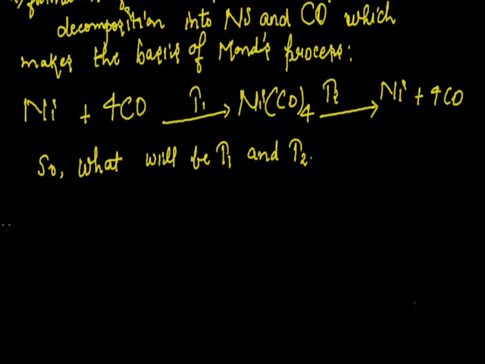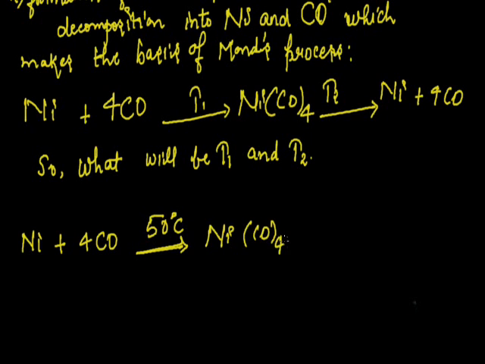If we focus on this reaction, the first reaction being a combination reaction, the supply of temperature will be less, as it is a combination reaction, so surely it will be an exothermic reaction. But some temperature should be given for the combination, and that temperature is 50°C, which forms Ni(CO)4.